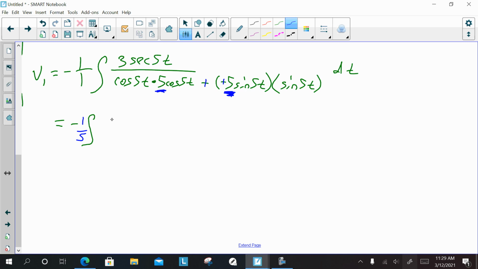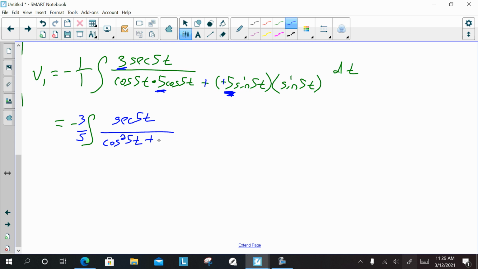So what's that going to leave us with? On top, let's take that 3 on top out front. So if that 3 is gone, that leaves us secant 5t on top. On bottom, that leaves us cosine times cosine, so cosine squared. That double negative changed to a positive.